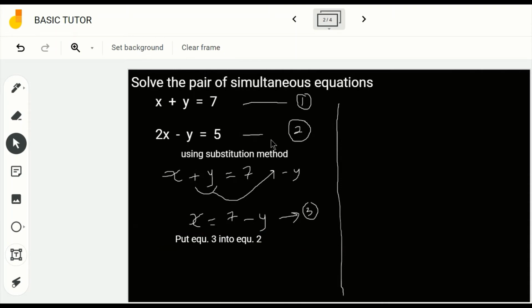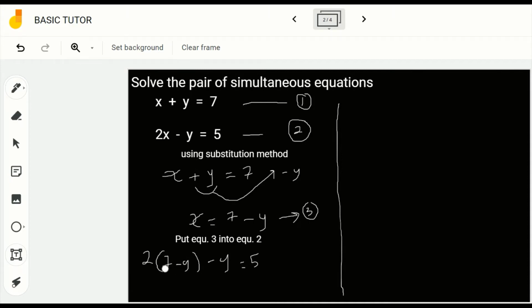So equation 2, we have 2x, x is 7 minus y, so 2 times (7 minus y) minus y equal to 5. So this is the reason why we call it the substitution method, because of this step.